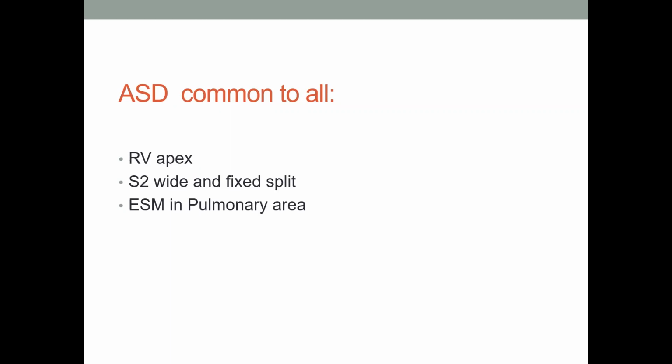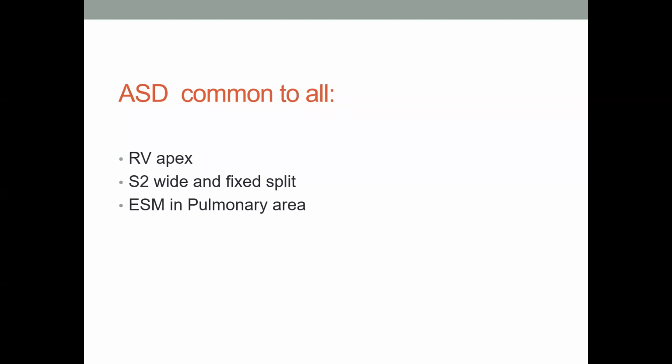Now there are 2-3 questions. What happens to S2 after closure? That time it is not fixed, but it is wide but variable. Does the murmur persist after closure? It can persist, not because of the flow, but because the PA is dilated. A short ejection murmur is what can persist even after closure.